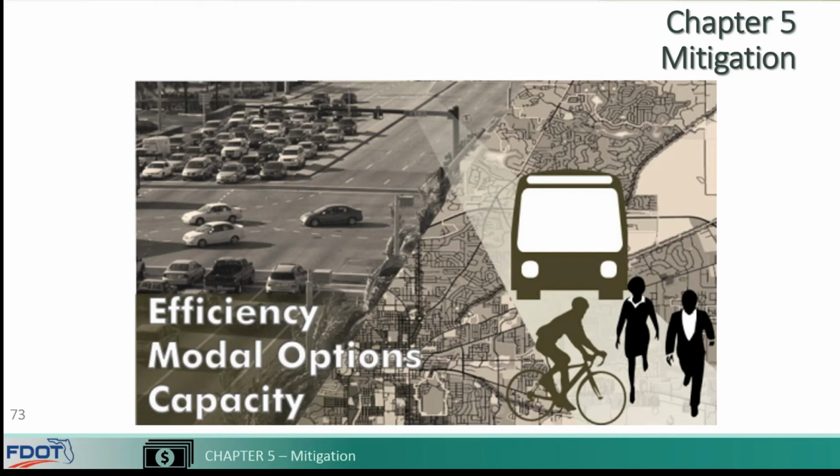One would be increasing the efficiency of the system. Another one would be increasing modal options such as transit, bicycling, and walking. And then lastly, if there's no other real solution, it gets into adding capacity.